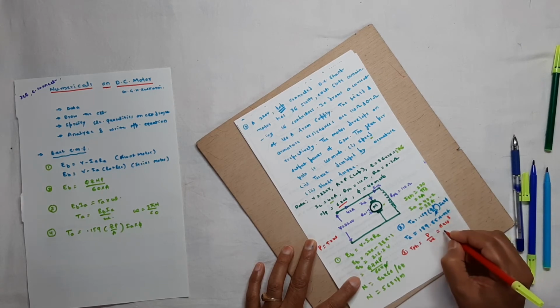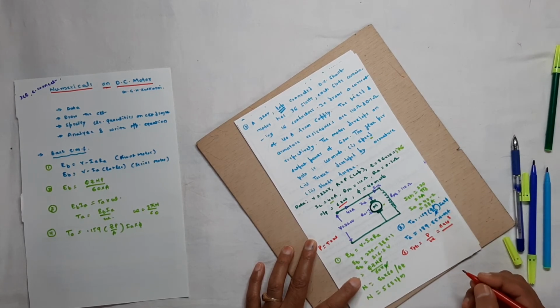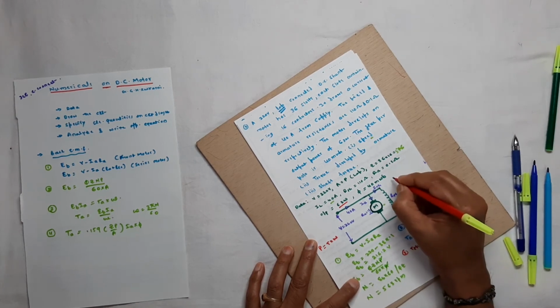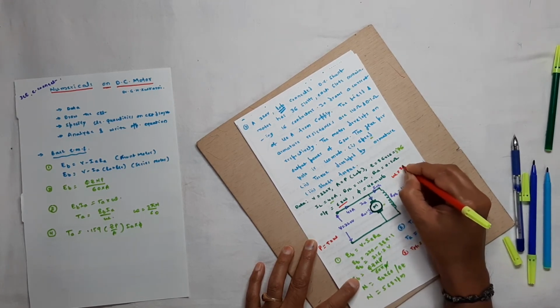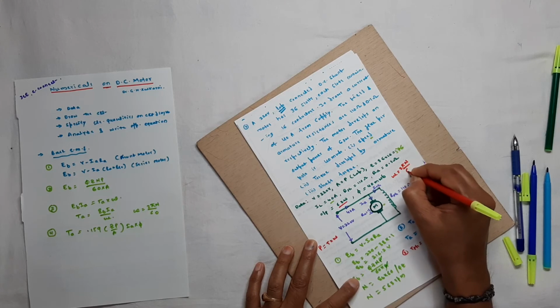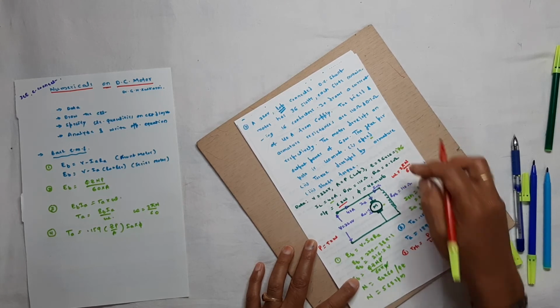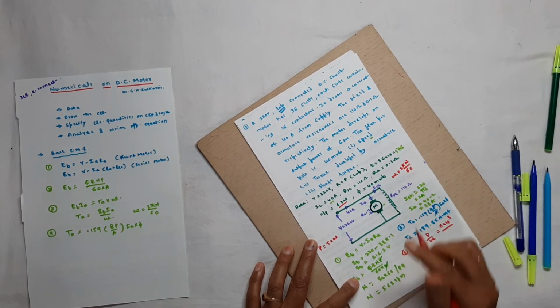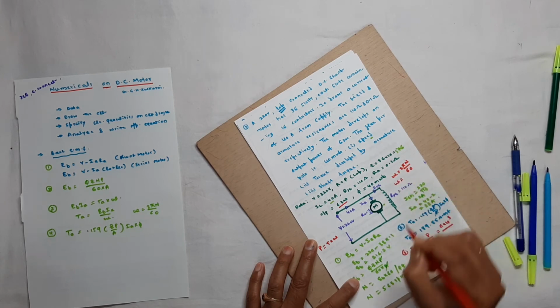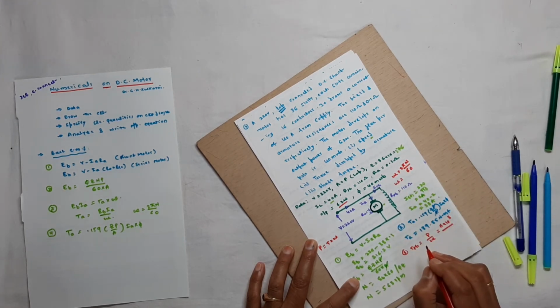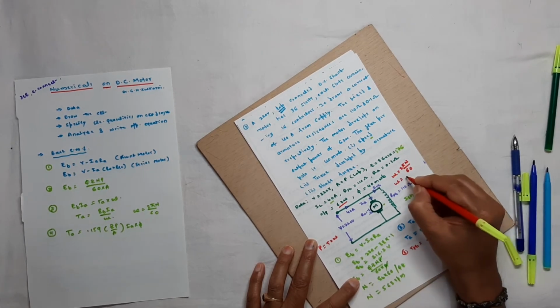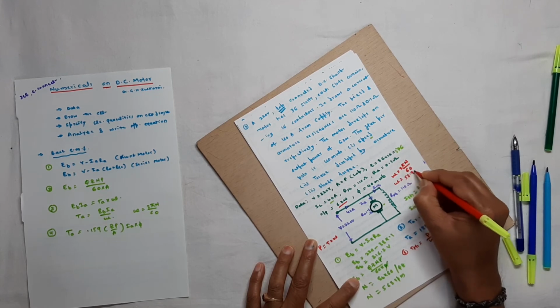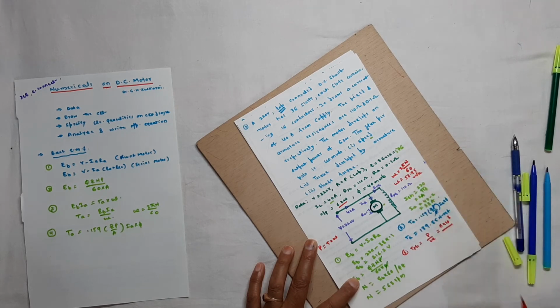Therefore, you have to find out omega. How to find omega? The value of omega can be calculated as 2 pi N by 60. N is known, that is 563. From this we can find omega. The omega value we are getting here is 58.95 radians per second.